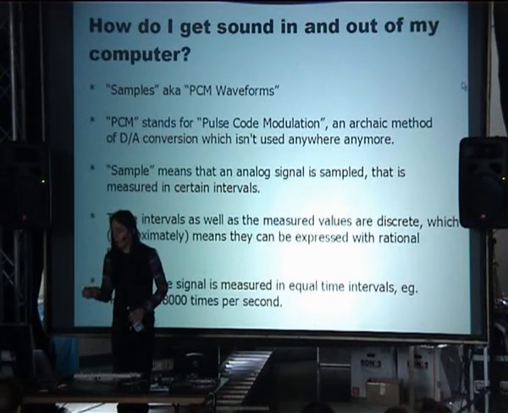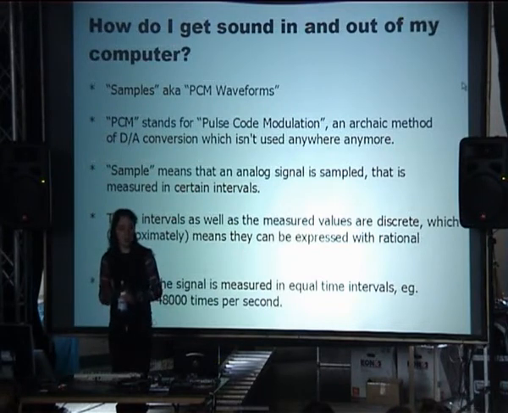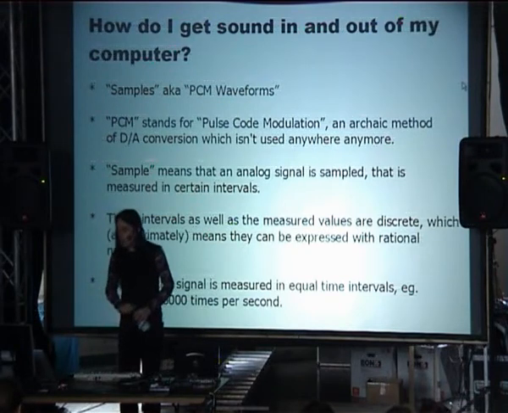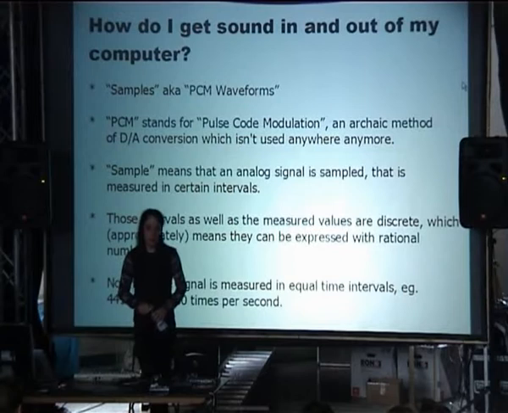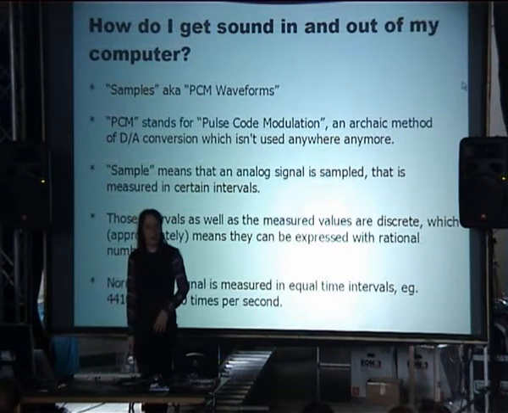So the samples, the data in wave files, are practically a measurement of the air pressure at this very moment in your ear. PCM stands for pulse code modulation, which is a quite archaic method of digital to analog conversion, which isn't used anywhere anymore.